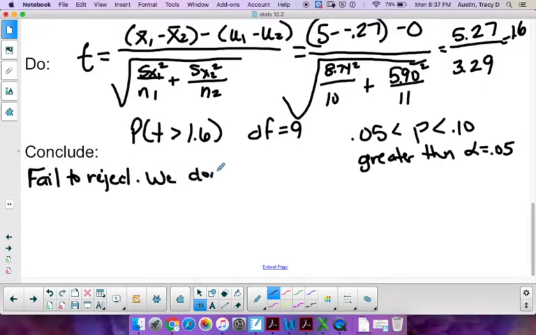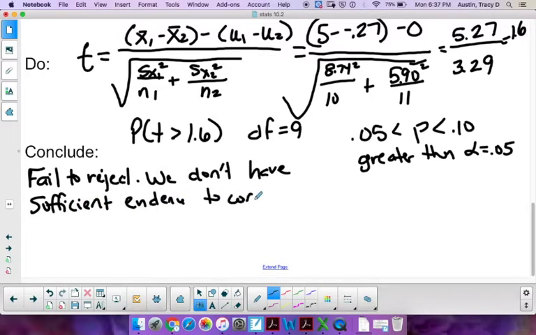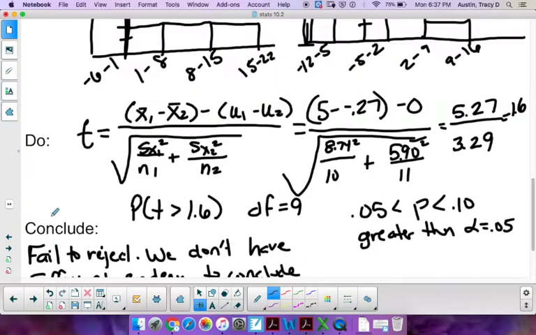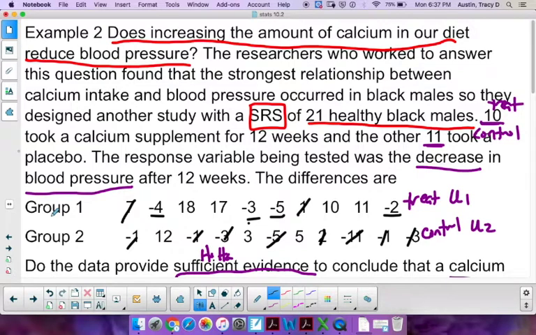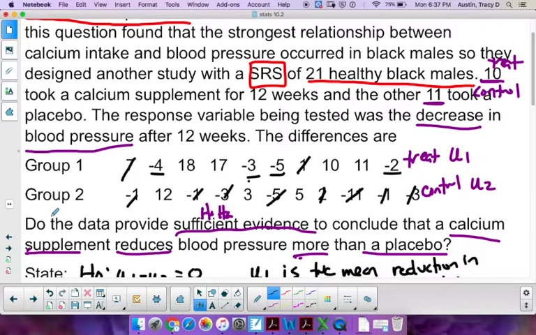We do not have sufficient evidence or enough evidence, however you want to phrase it, to conclude what? All right, so this is where we get the interesting part. To conclude that increasing the amount of calcium in your diet reduces your blood pressure, if you want to throw context right back at them, which would be good, okay, because that's really what we're trying to prove.